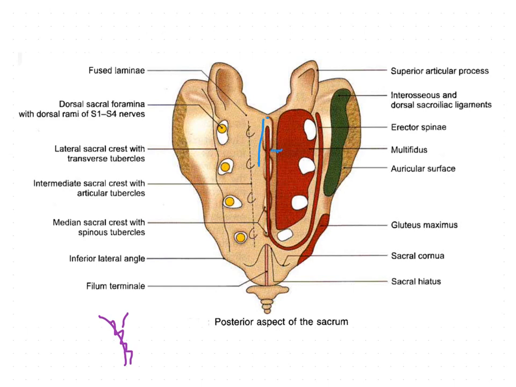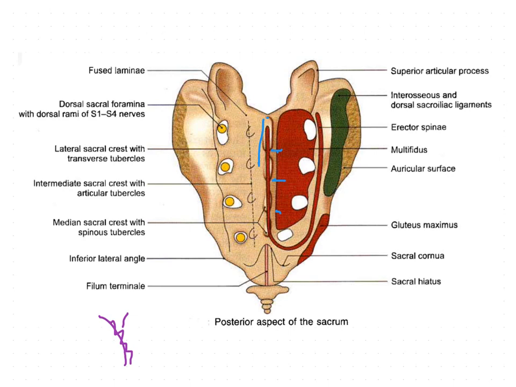You have these 3 interruptions, formed by the spinous tubercles, and the spinous tubercles represent the fused spines of the sacral vertebrae. This gives attachment to the posterior layer of thoracolumbar fascia. So this is about the median sacral crest.